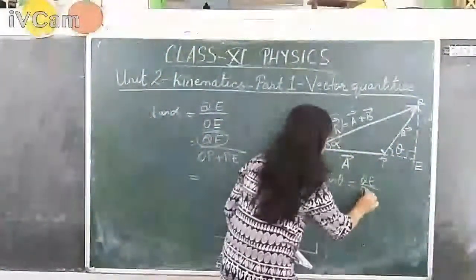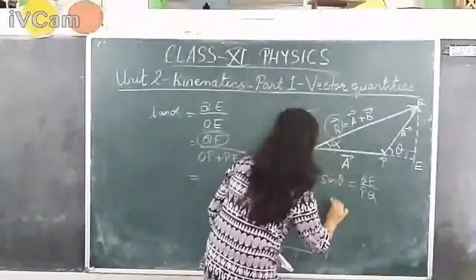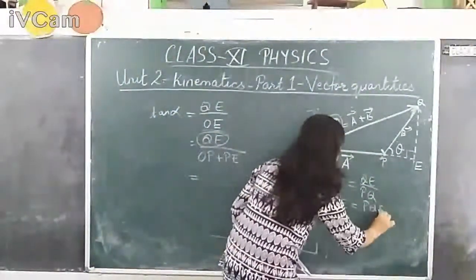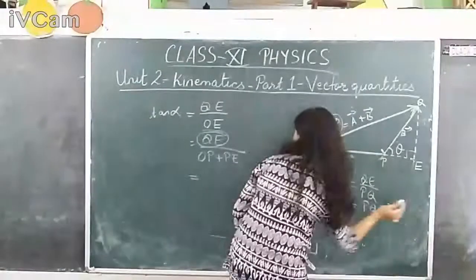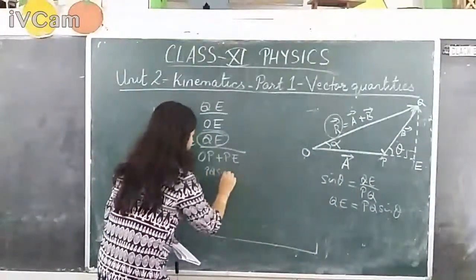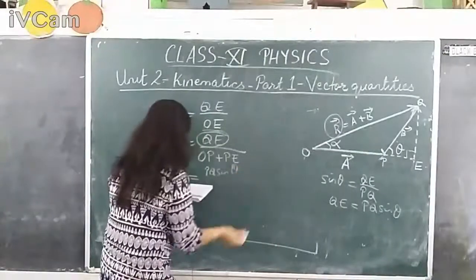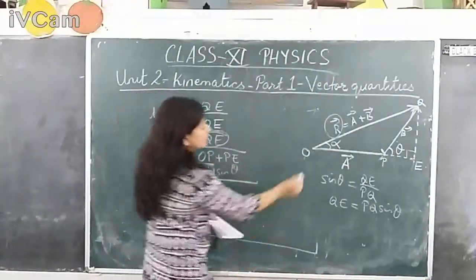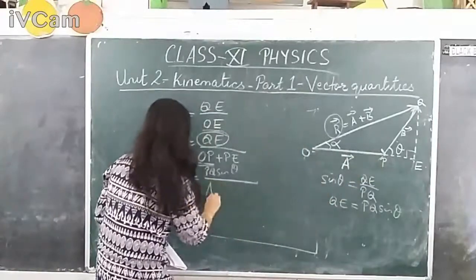Hypotenuse is PQ. That means we can easily find QE in known terms, QE is equal to PQ sin theta, divided by OP plus PE.